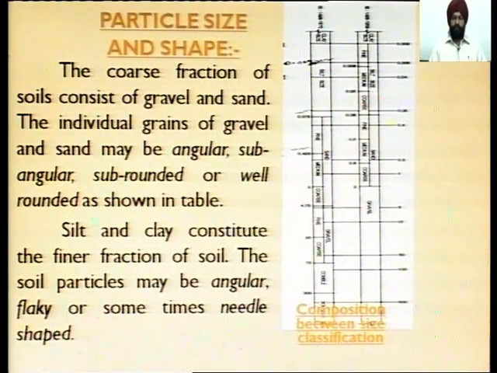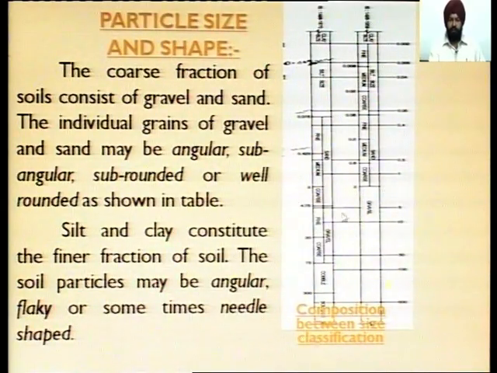From 75 to 4.75 mm is the gravel. The coarser fraction, gravel, is of three types: coarse gravel, medium gravel and fine gravel.